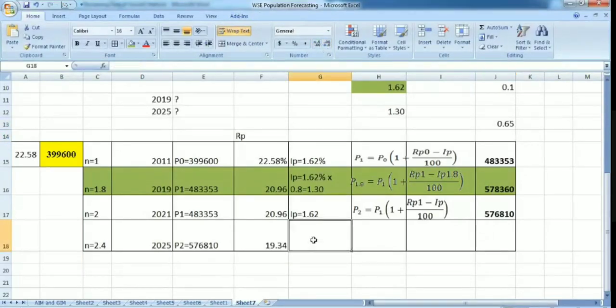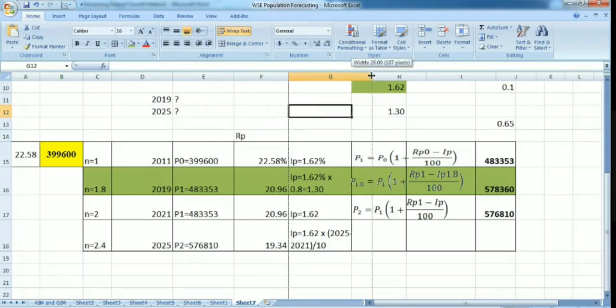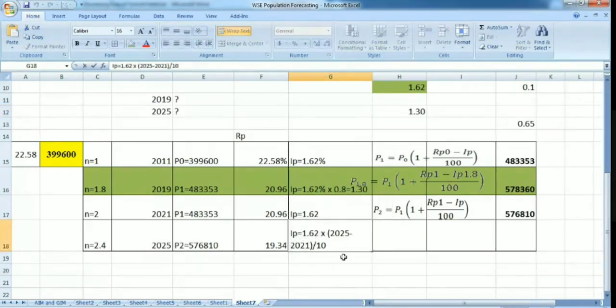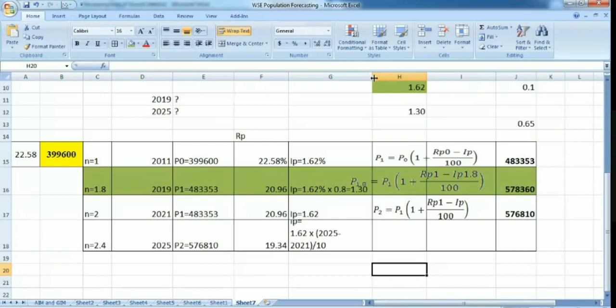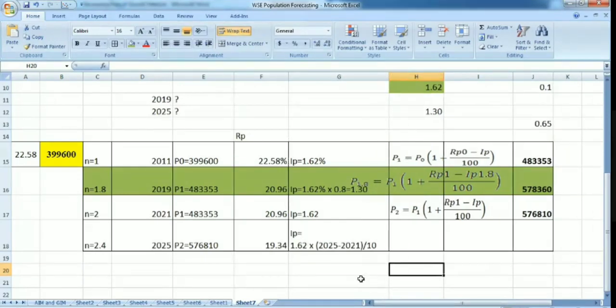That means the IP value, how will I calculate this? IP is equal to 2025 minus 2021, divided by 10, multiplied by 1.62.